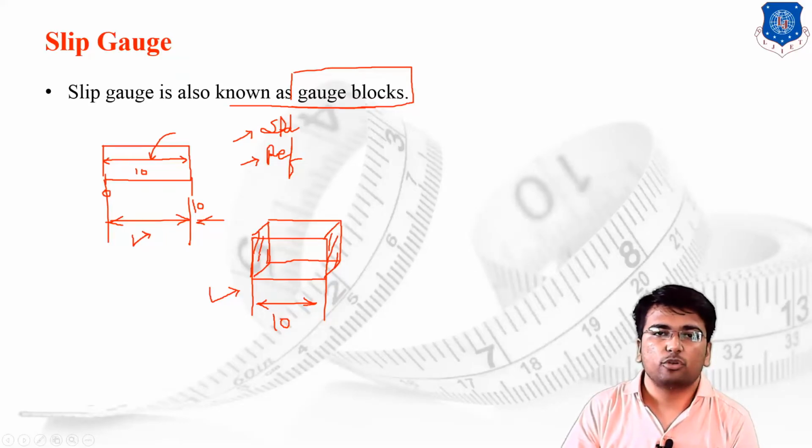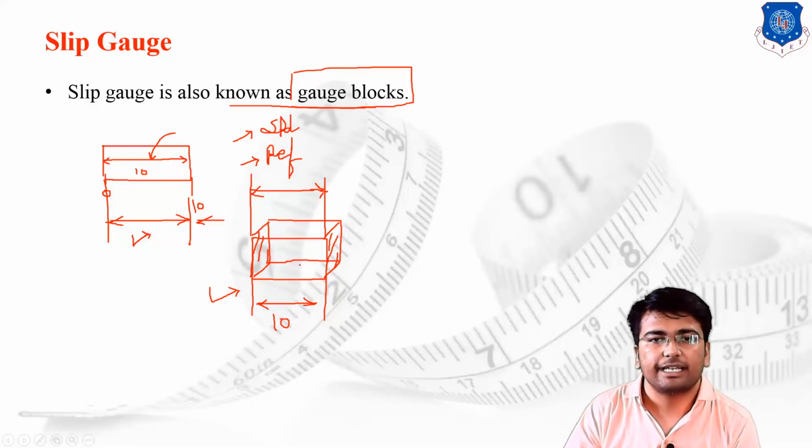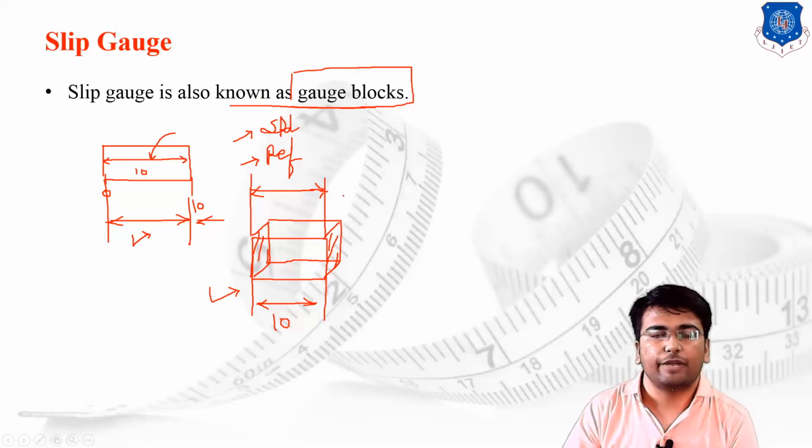To check whether a scale measures exactly, I simply compare the scale with the slip gauge, and if both show the equal amount, then the scale has exactly the 10 centimeter value.